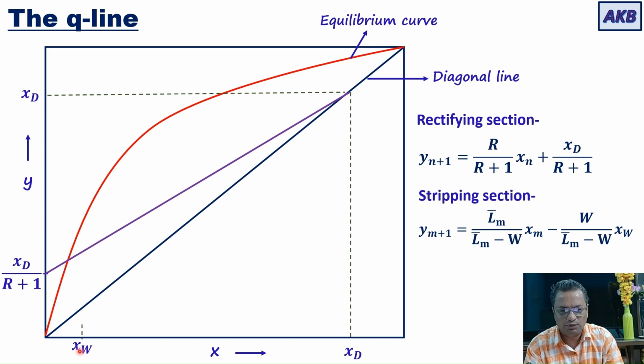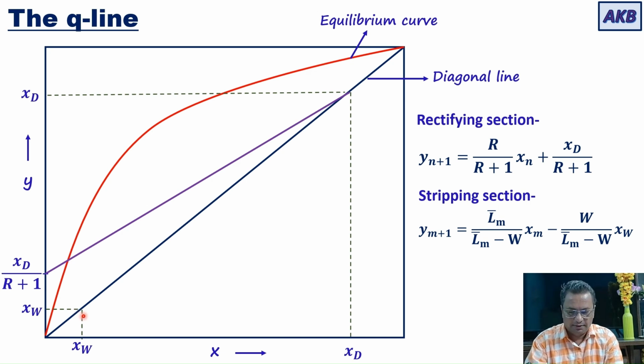You have to locate xW and go to the diagonal. This point has coordinates of xW, and the operating line for the stripping section will start over here.